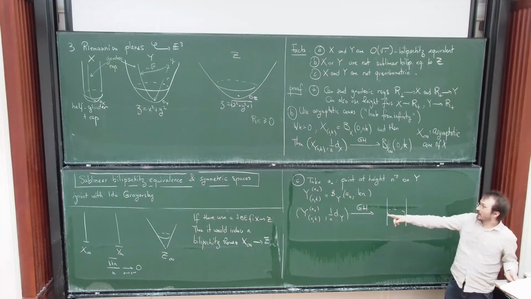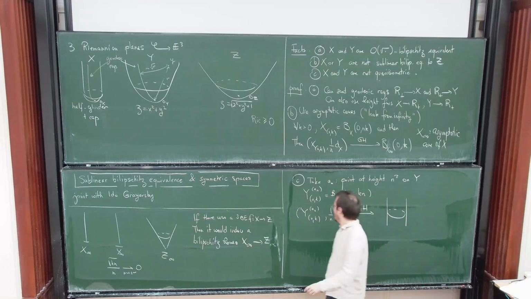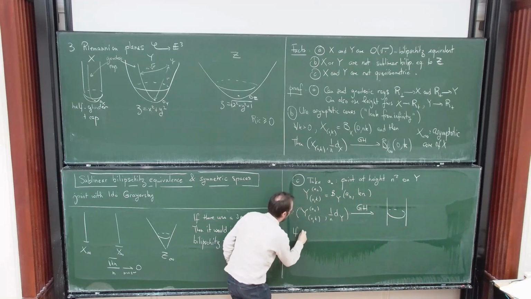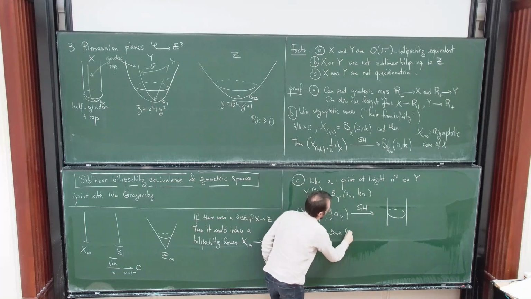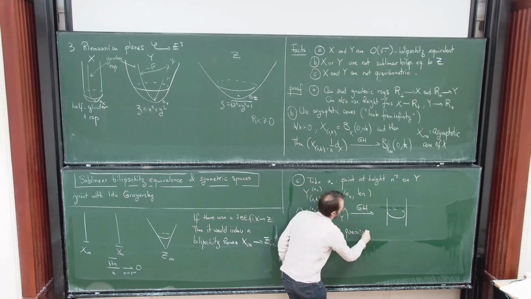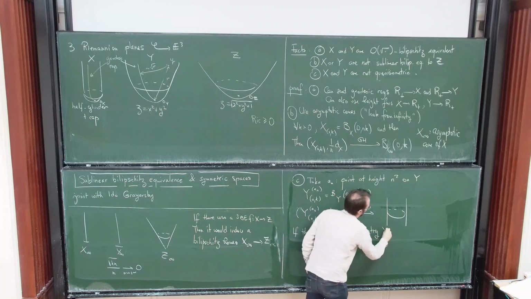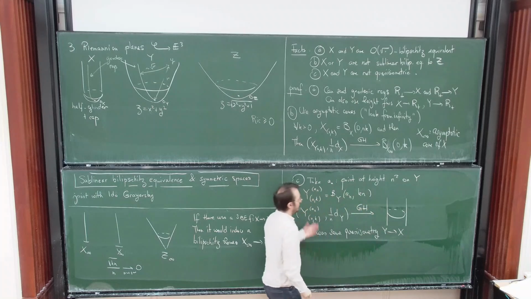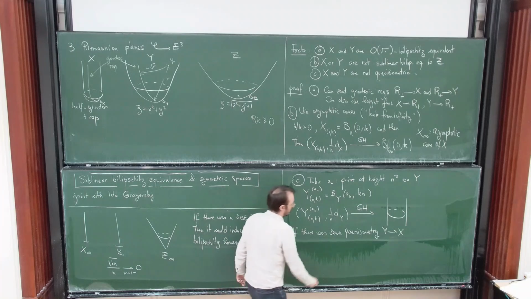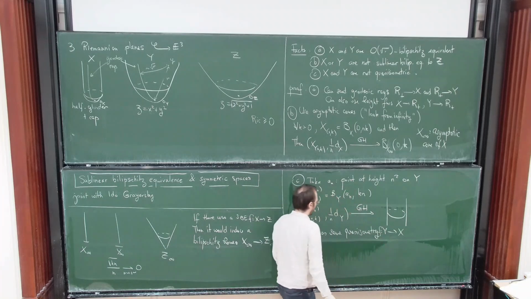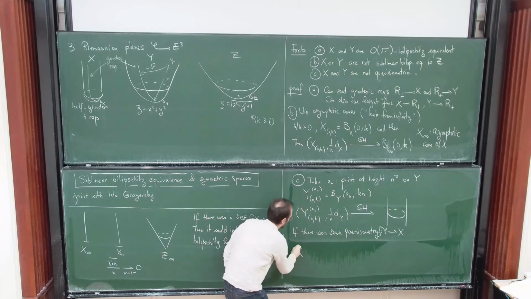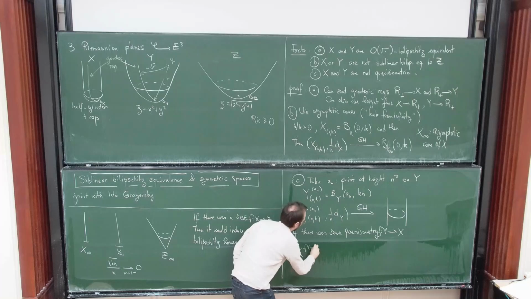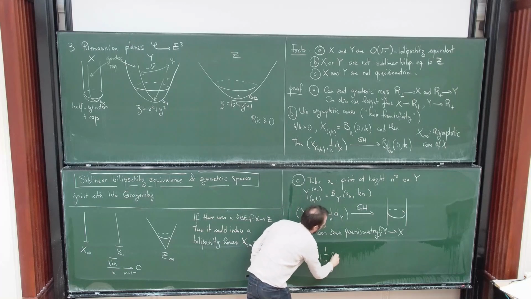Well, okay, but now if there was some quasi-isometry f from y to x, you would do the same construction with x, so the balls in x around f of a_n of radius kn with 1 over n times dx.